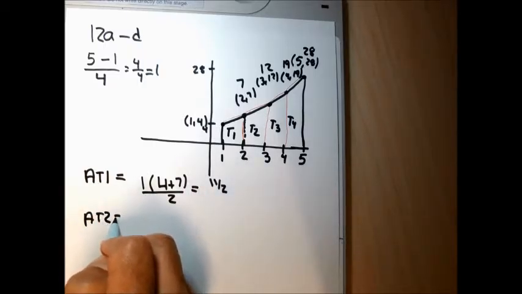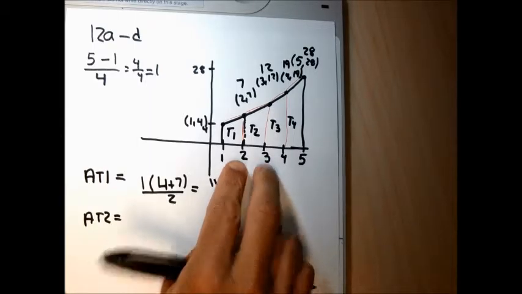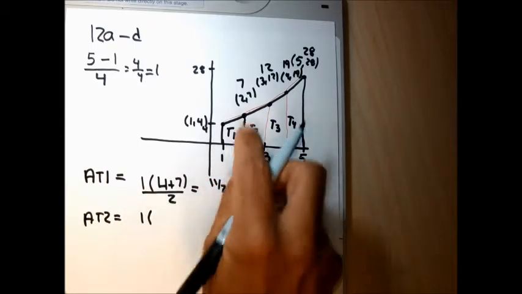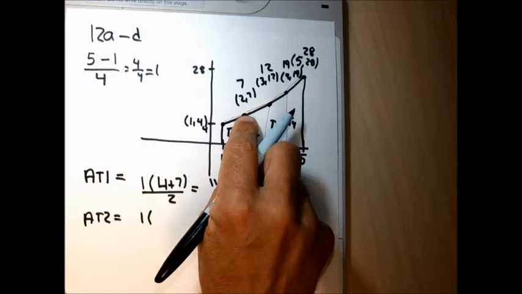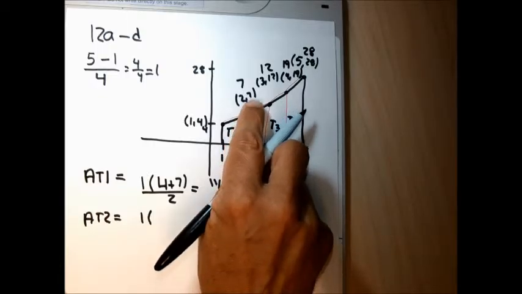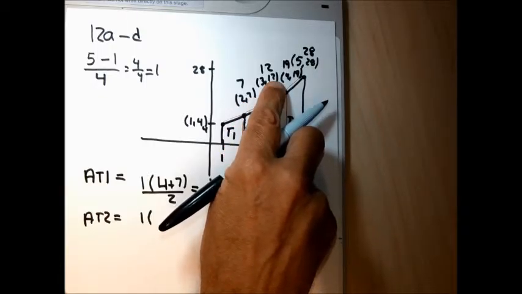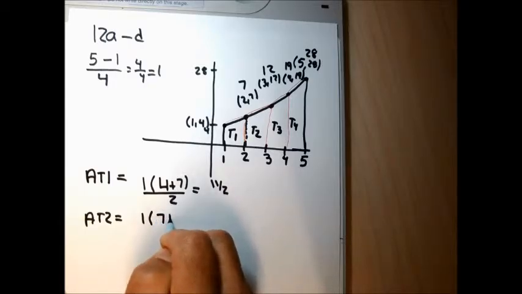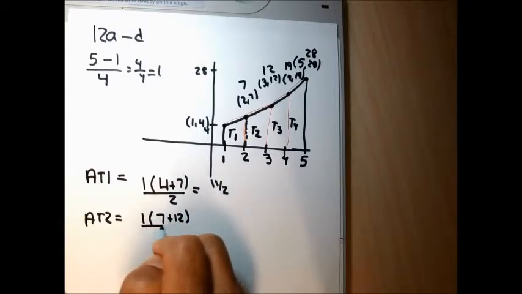Now I'm going to move to trapezoid 2. The height is 1. I add the y-coordinate of the left edge plus the y-coordinate of the right edge and divide by 2.